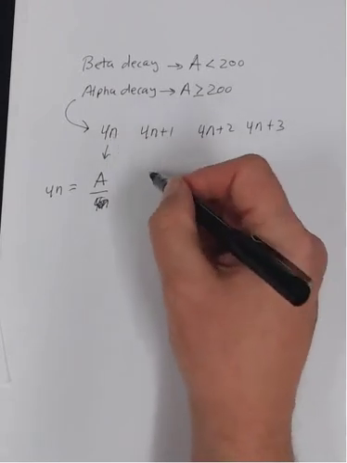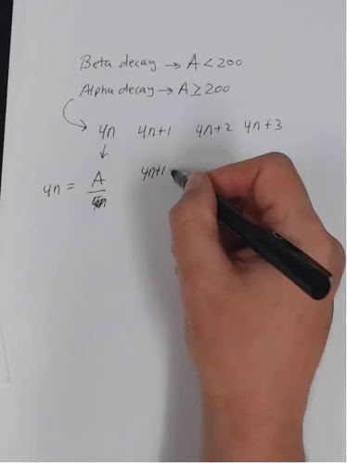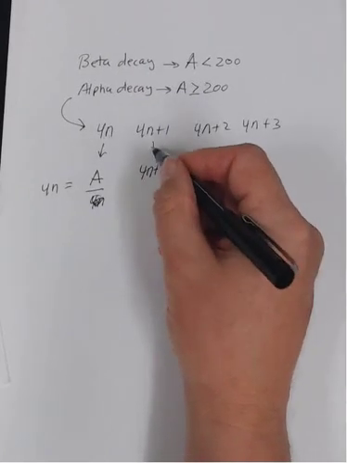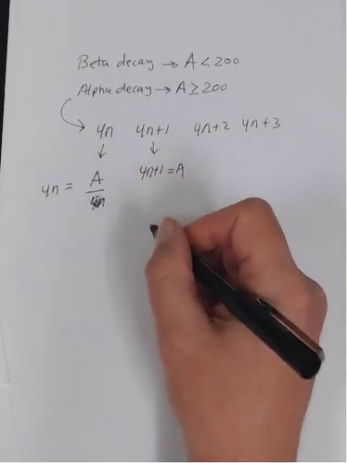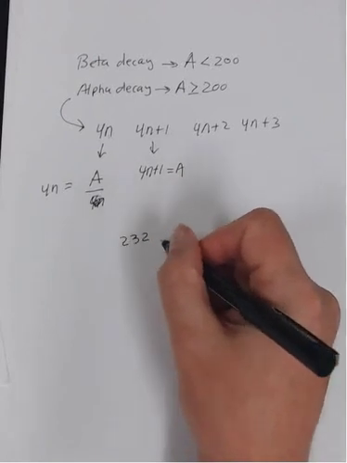If 4n plus 1, where n is some integer, equals A, then it will decay under that sequence.